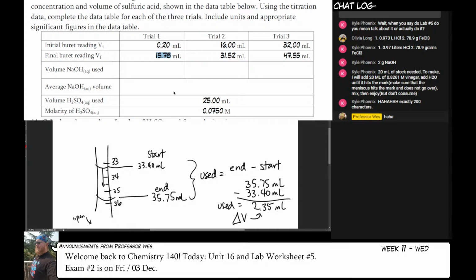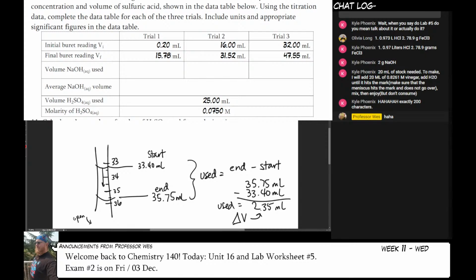It would be the difference between those two, or 15.58, right? Once I know that amount, I then can do the calculations for stoichiometry based on what we've done. So that's really the technique part here, is how do I figure out what volume was used? Well, you're just going to subtract final minus initial, and you're going to report that result here.